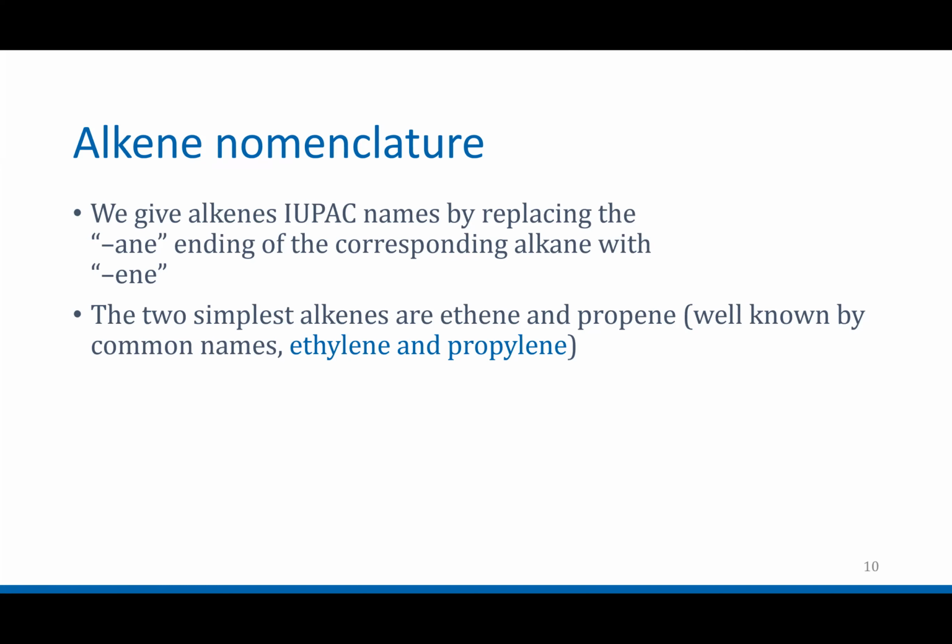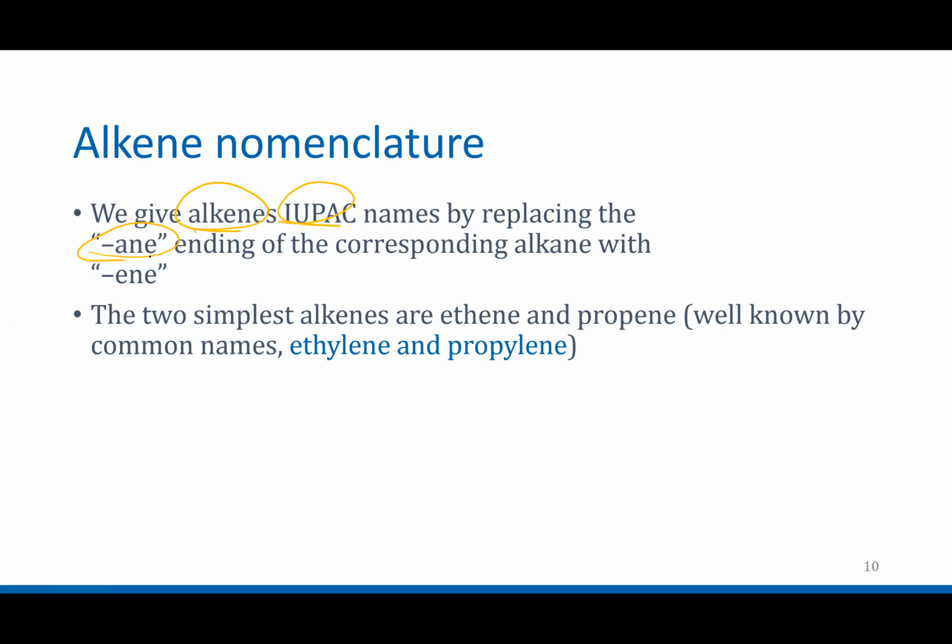We'll start with alkenes. We give IUPAC names by replacing the family name, actually the suffix, with "ene." And for an alkyne, we would change the ending to "yne."